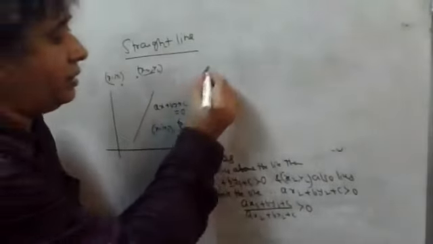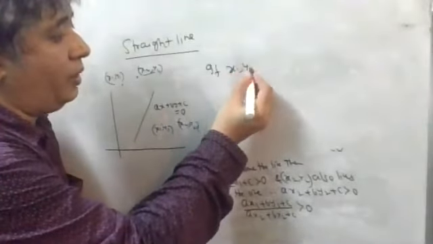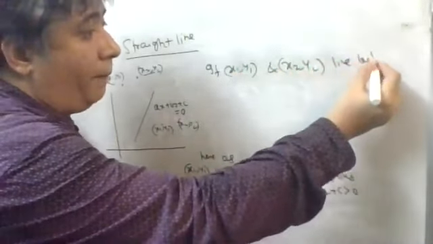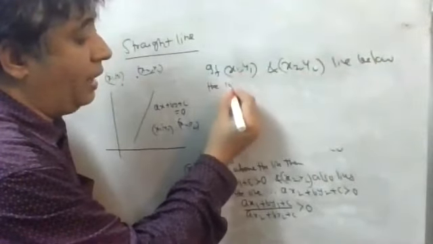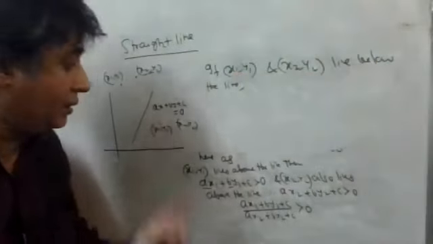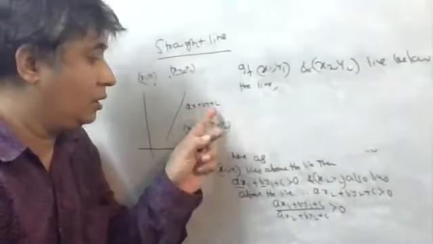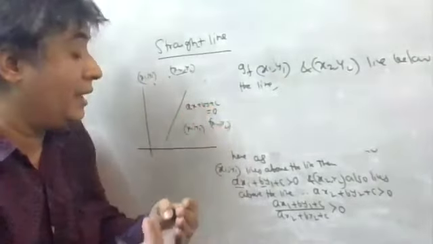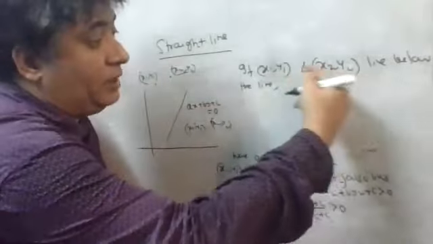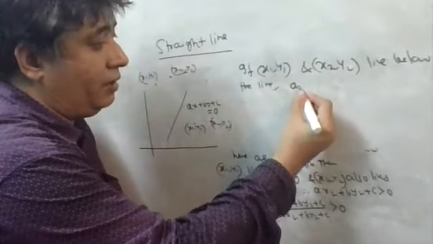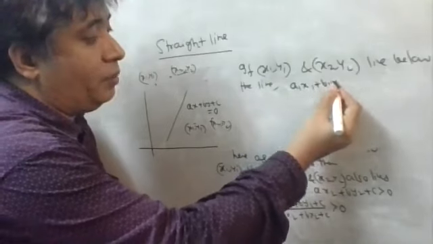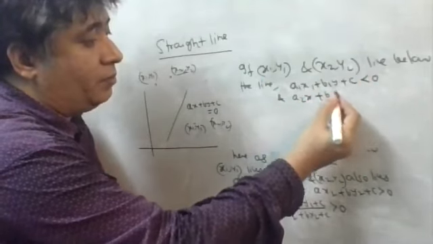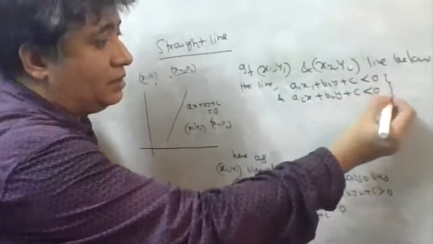Now, if x1 y1 and x2 y2 lie below the line, by that concept you got a few minutes back, putting x1 y1 in the linear expression on the left hand side, we get less than 0. If both of them lie below the line, then I will get a1x plus b1y plus c less than 0 and a2x plus b2y plus c less than 0.